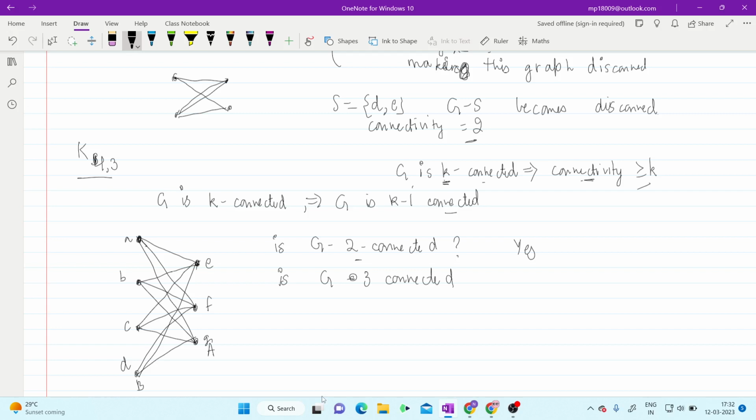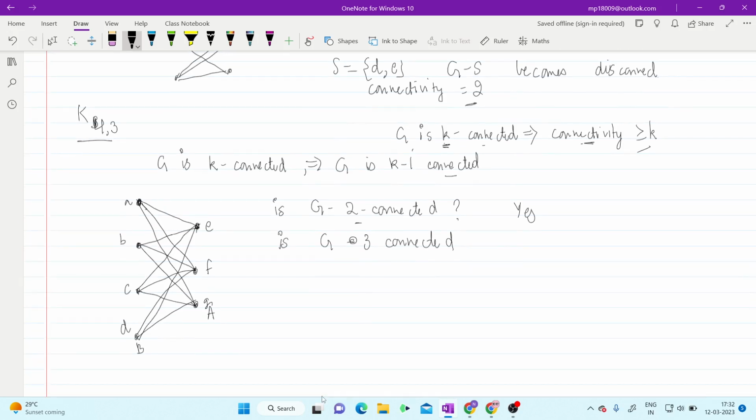And we can see this is true, because if we are removing two vertices, then we have at least one vertex which is in A and at least one vertex which is in B, and all the vertices in A are connected to all the vertices in B.